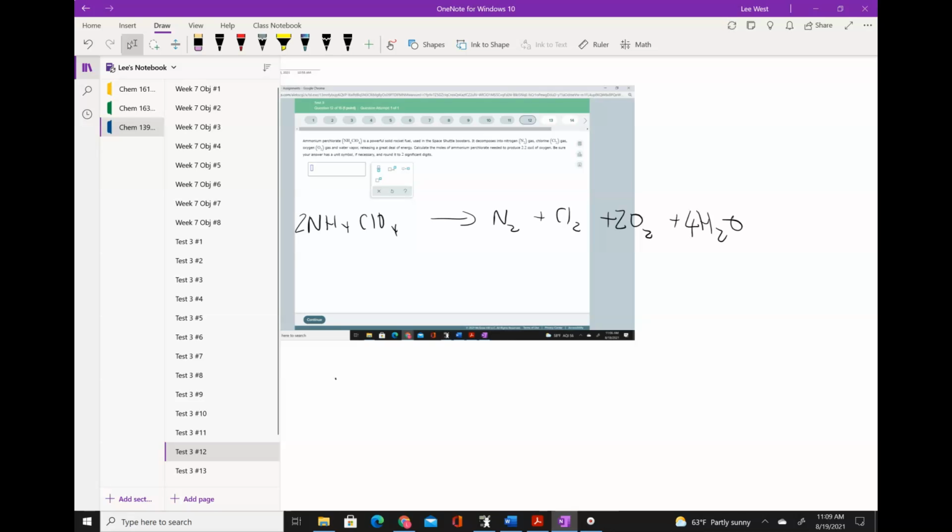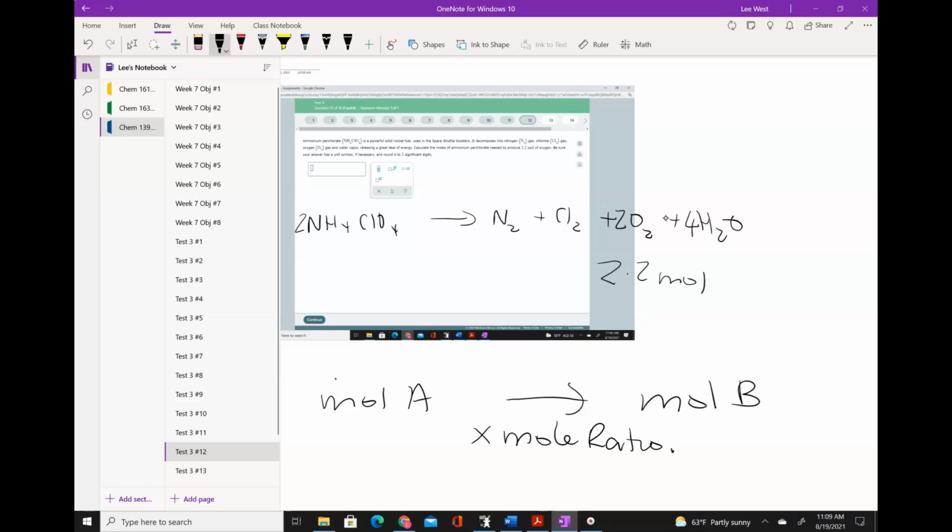It says calculate the moles of ammonium perchlorate needed to produce 2.2 moles of oxygen. When we go from moles of one thing to moles of another thing, we know that our conversion factor is what we call the mole ratio.